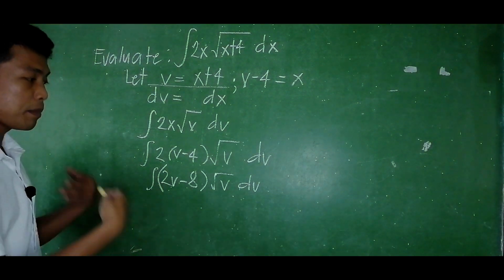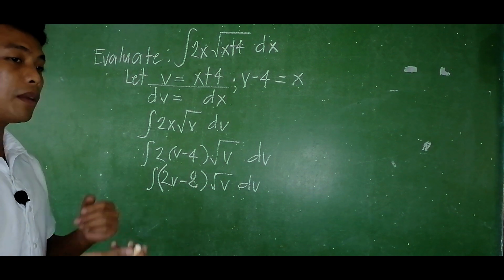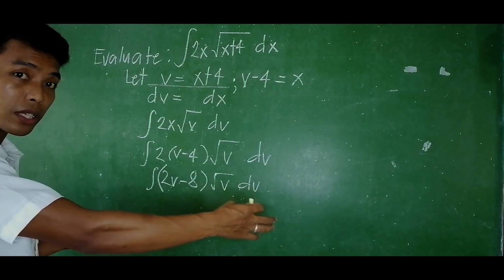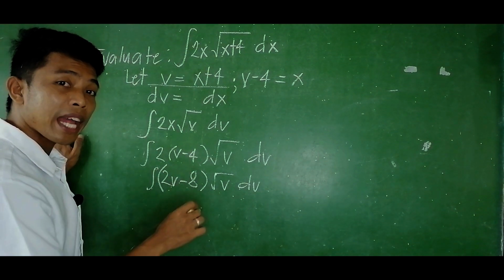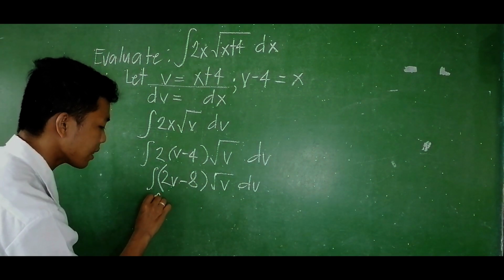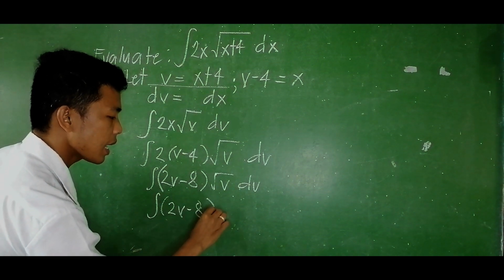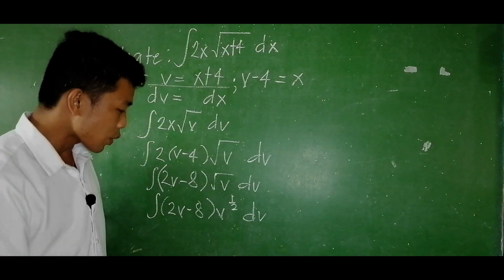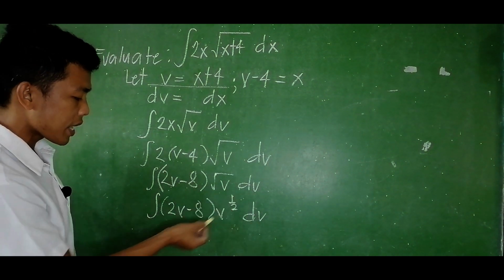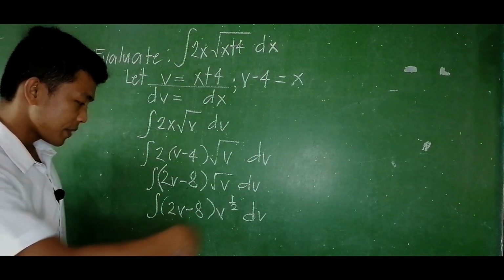But before we continue finding the antiderivative of this expression, we need first to simplify things. So we can write the square root of v as v raised to 1/2. Therefore, we will get 2v minus 8 times v raised to 1/2 dv, so that we can distribute v raised to 1/2 to 2v and negative 8. Alright.